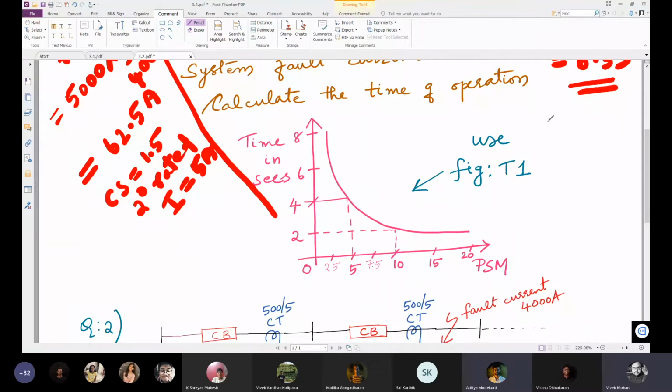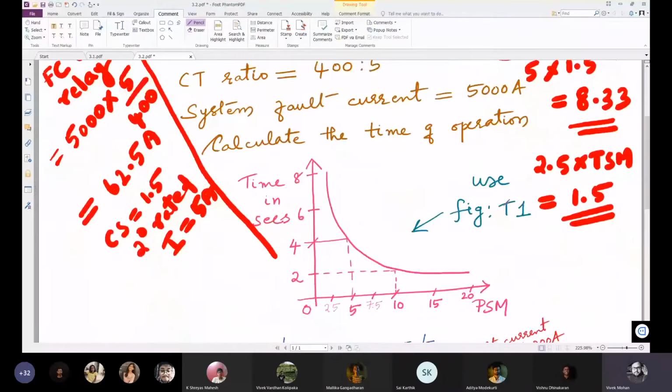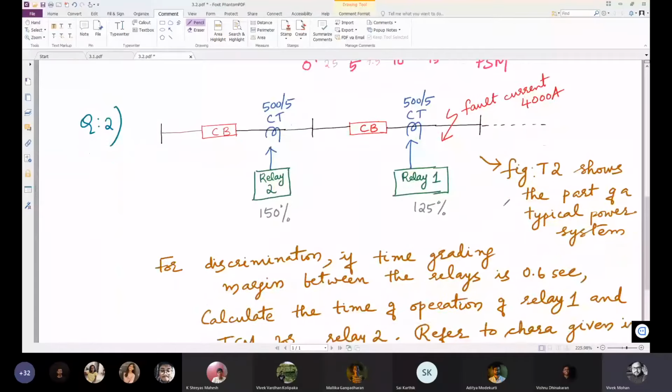So 2.5 from the plot, 2.5 into TSM will give you the actual time of operation. What is the TSM value? 1.5. Yes, so let it be 1.5. So this is how you find the actual time of operation of the relay. Now we are going to the second question.